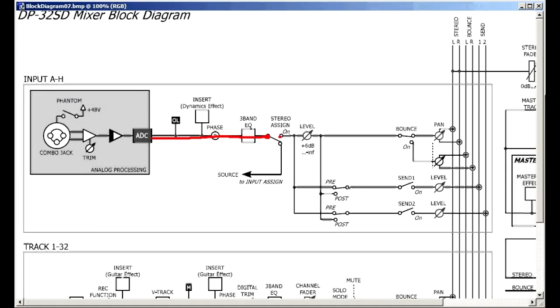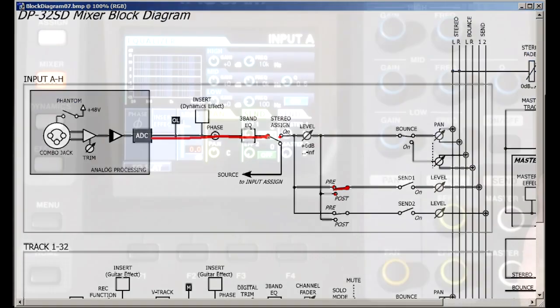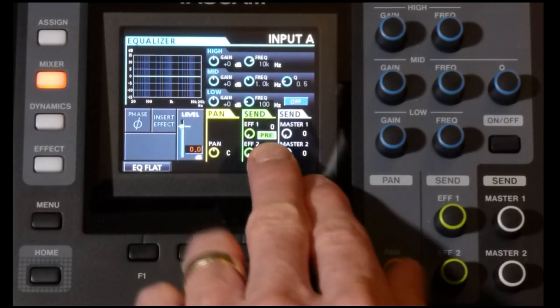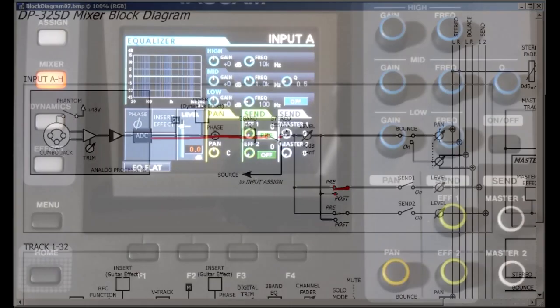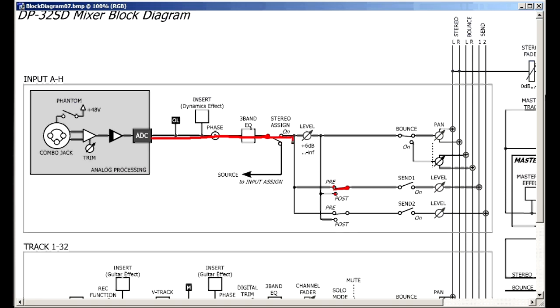Now the switch symbol is just like the previous switches but drawn backwards, so you can imagine the central line pivoting around the right-hand blob. It can either be in the pre position, as shown here, as selected on the mixer screen, it's pre, and this lets the signal through from before the input level control.